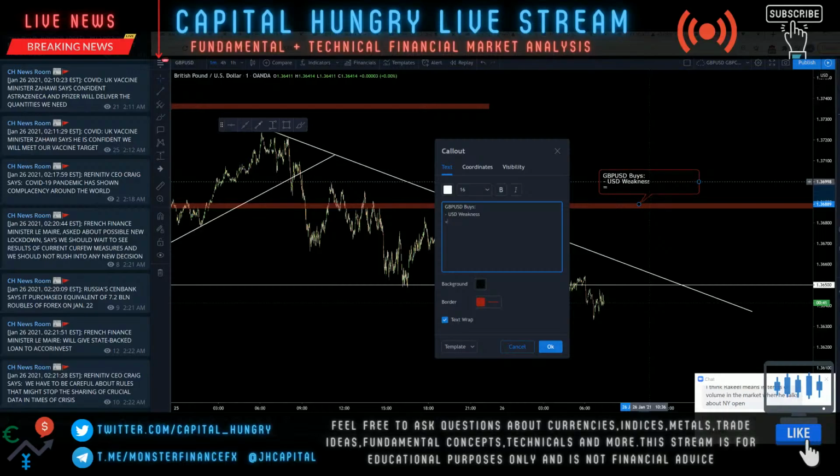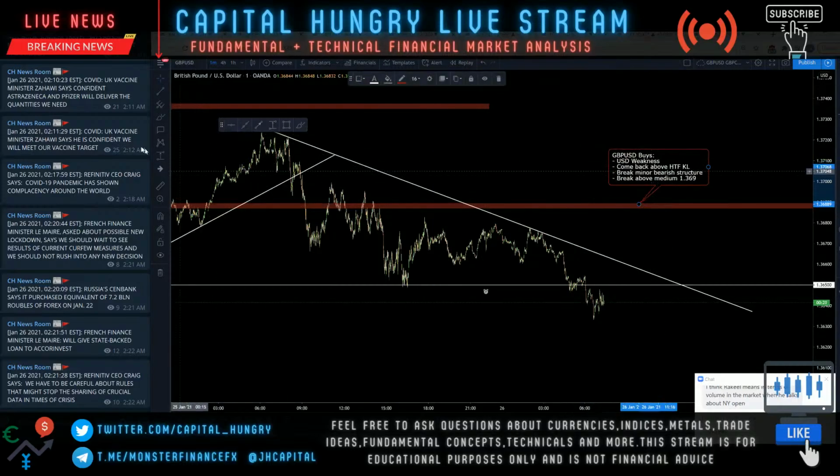If the dollar fades out its strength, comes back above the higher time frame key level, breaks minor bearish structure, and breaks above the medium zone at 1.369, this is the only way I'm taking GU buys.